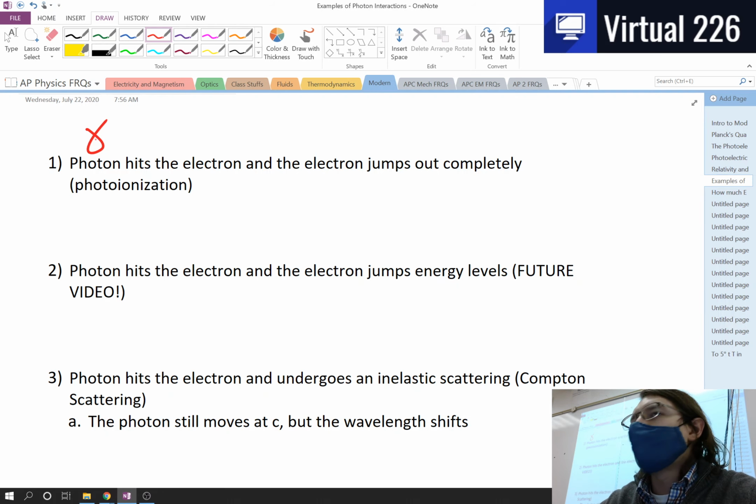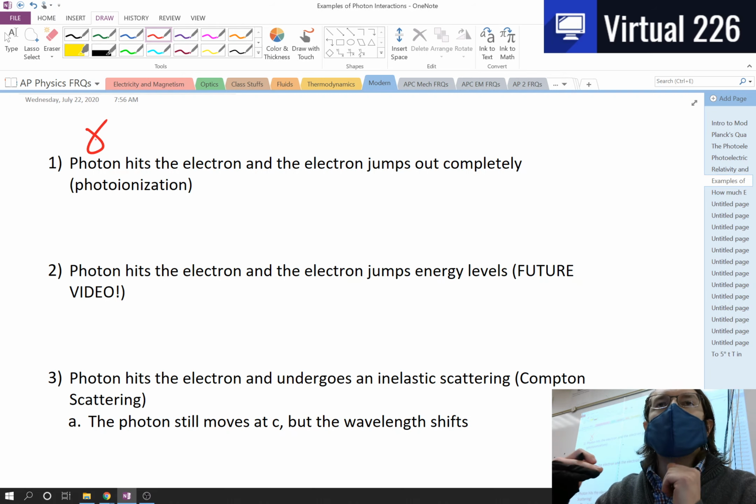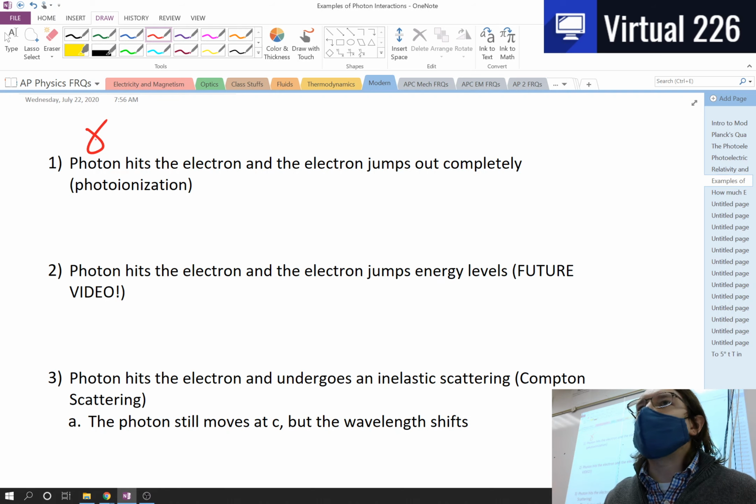And if you remember anything from your chemistry courses, when you ionize something, it now has some net charge, and that's because you got rid of that electron. Okay? That's photoionization. If that photon hits the electron, and the electron doesn't escape, but it becomes excited, it gains some energy, then it could jump up an energy level to a new excited state.